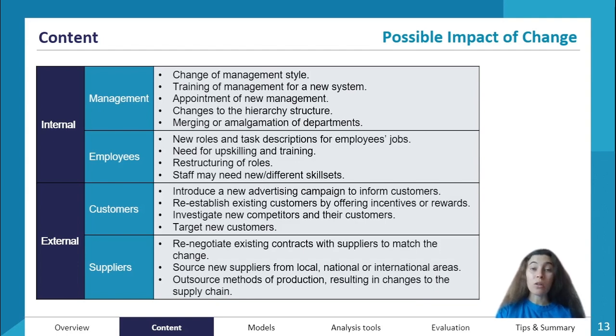If you continue to source from one country, even though you've moved into another, then you're going to have to foot the cost of getting all of your products over to that other country. And then outsourcing as well in terms of production, and that's going to result in changes to the supply chain too.